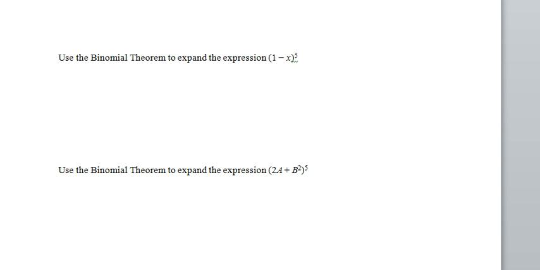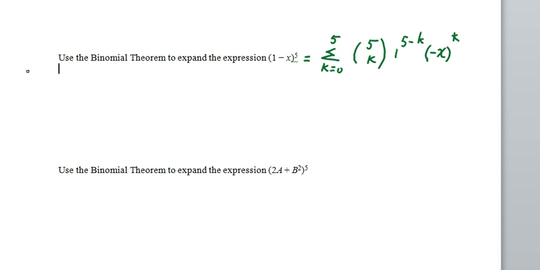And so in this case, the binomial theorem says that we will have the sum from k equals 0 to 5 of the binomial coefficient 5 over k times 1 to the 5 minus k times the opposite of x to the k. So there are going to be 6 terms.